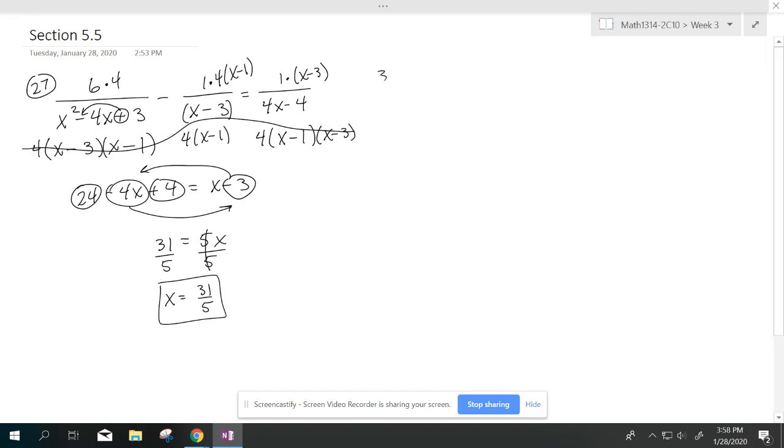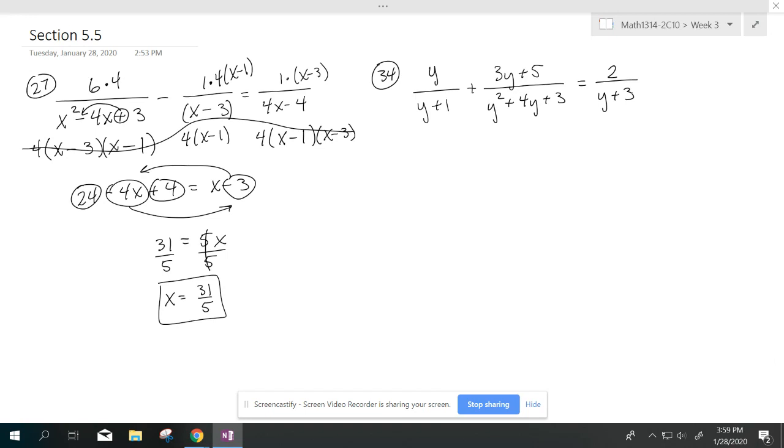Let's do 34. Man, that's a massive rational equation.